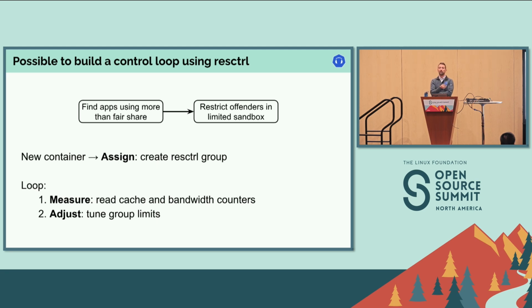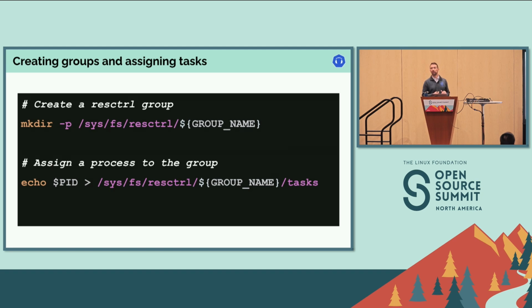Resource control is implemented using a sysfs interface. So you write to some files in sysfs resctrl. You can create a new group by making a directory, and then you assign a process to that directory by writing the process ID or the task ID into a file in that directory that gets created for you, tasks.